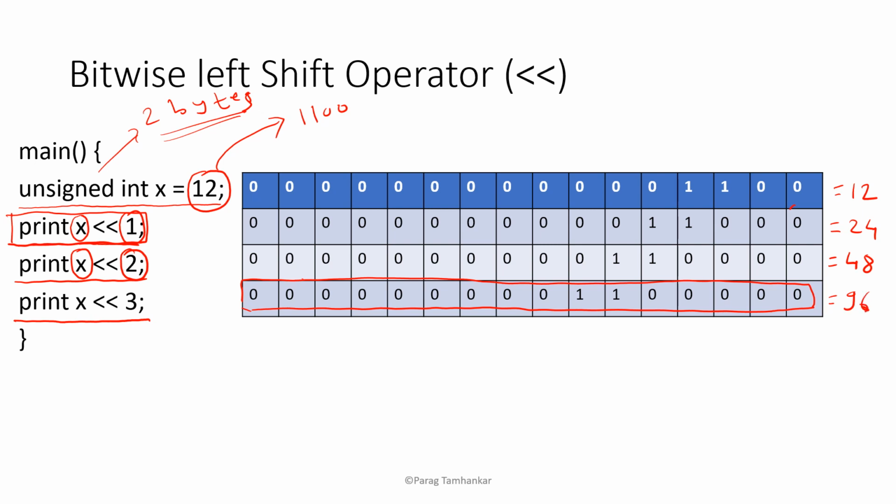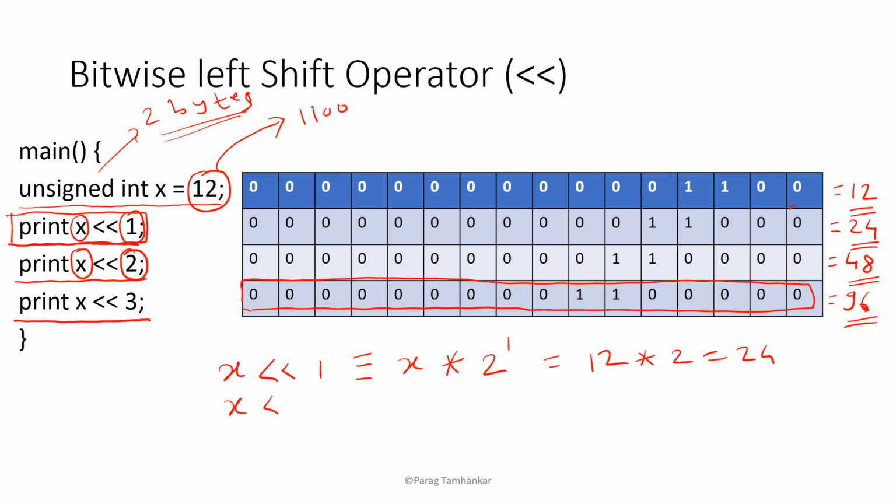You must have observed a pattern over here: 12, 24, 48, 96. When you left shift by 1, it is equivalent to multiplying x by 2 raised to 1. Our x was 12, so it was 12 into 2, which is 24.